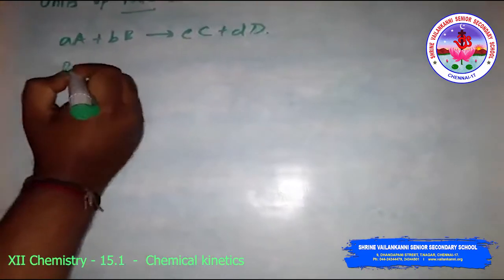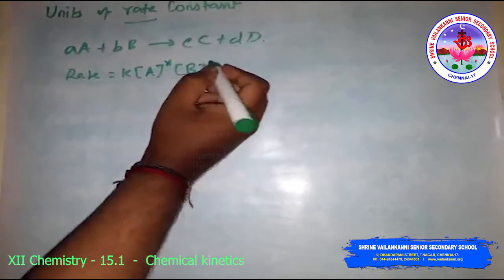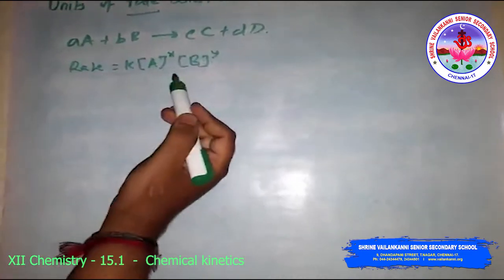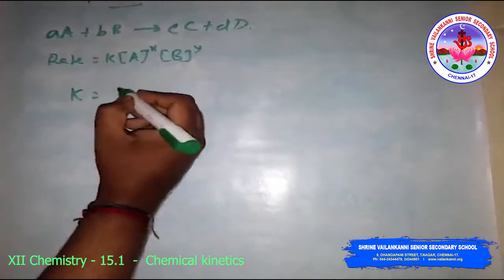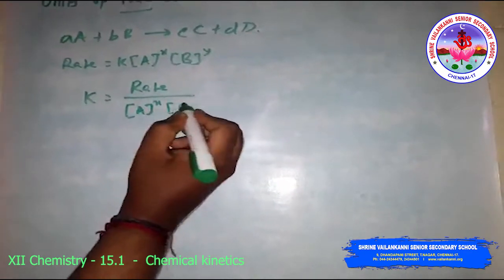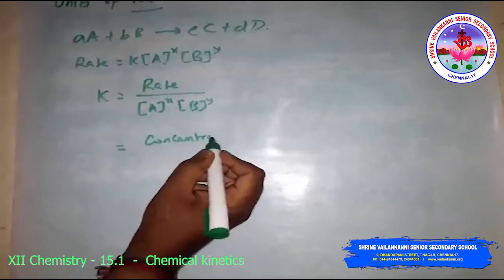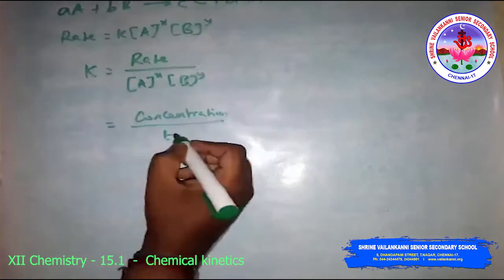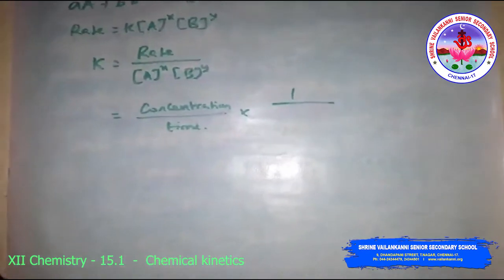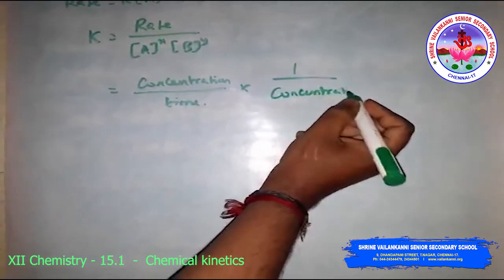Here rate is equal to K into concentration of A power X into concentration of B power Y, where X plus Y is equal to n, the order of the reaction. Rearranging, K is equal to rate divided by concentration of A power X and concentration of B power Y. Rate means concentration divided by time, into 1 divided by the concentration power n.